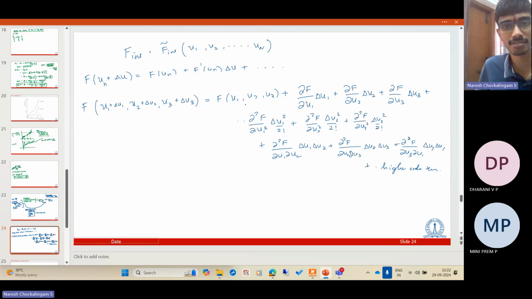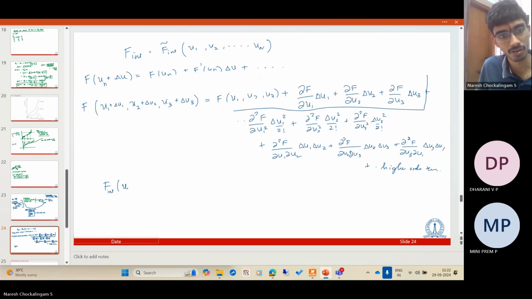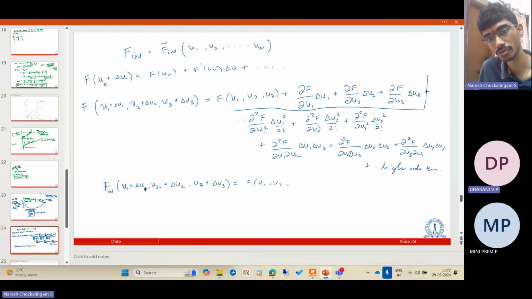So again, as in this case, we will truncate it with the linear approximation. We'll truncate it here. So we'll get f internal of u1 plus delta u1, u2 plus delta u2, and u3 plus delta u3 is f of u1, u2, u3 plus, can you write it in some form?